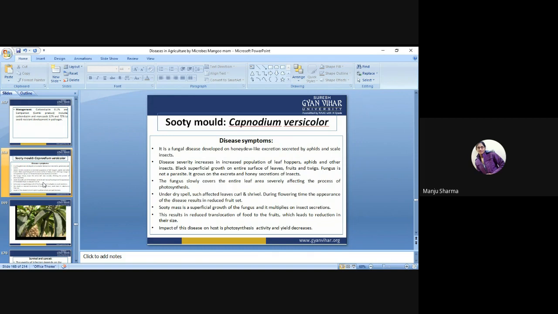During flowering time, the appearance of the disease results in reduced fruit set.